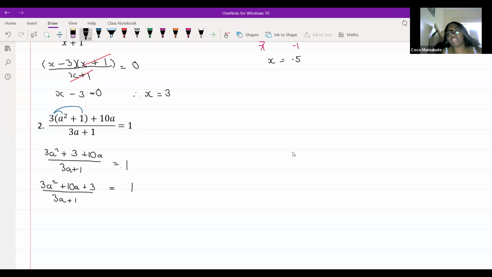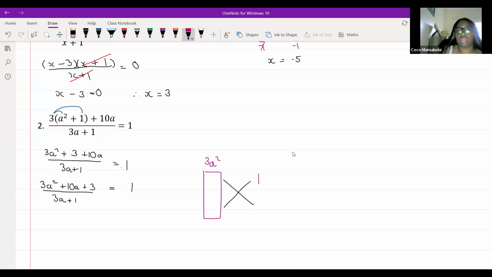Now, because I have a trinomial, what can I do with that trinomial there? We can factorize, right? So I want you guys to factorize that for me. Remember, when we have a number in front of a squared that's not 1, we're going to have to use the cross method. So over here, I'm going to put all the values of 3a squared.